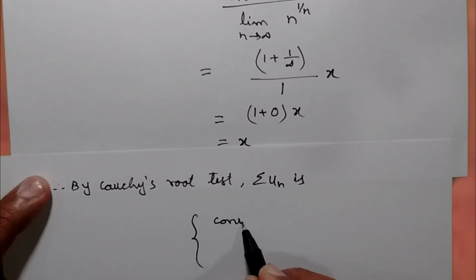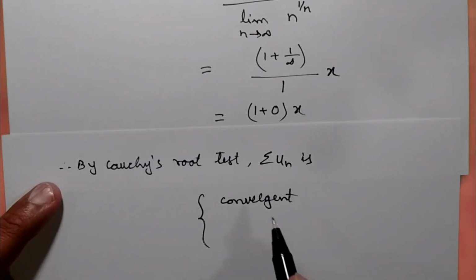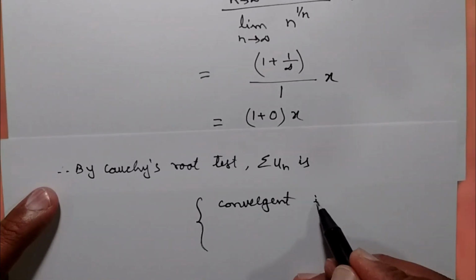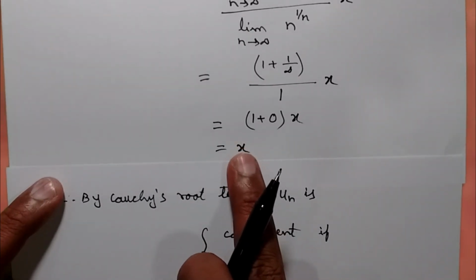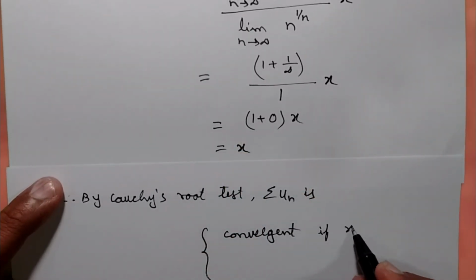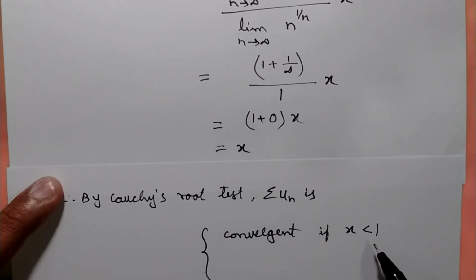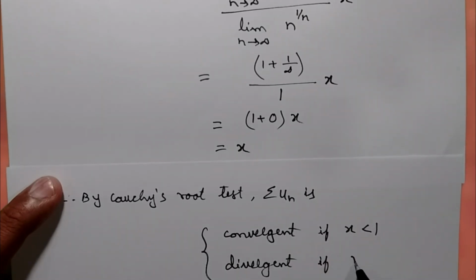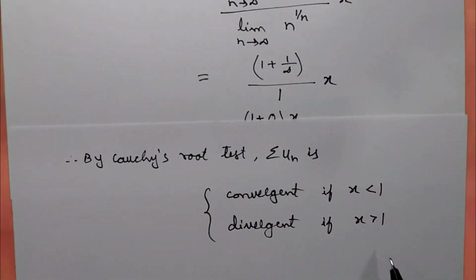It can be convergent as well as divergent. So when it will be convergent, it depends upon the value of x. Suppose if the value of x is less than 1, the series will be convergent. And divergent if the value of x should be what? It should be greater than 1. So if the value of x is greater than 1, the series will be divergent.